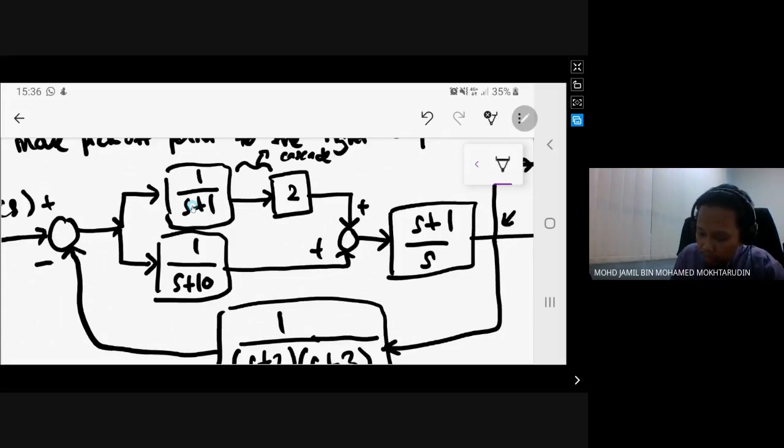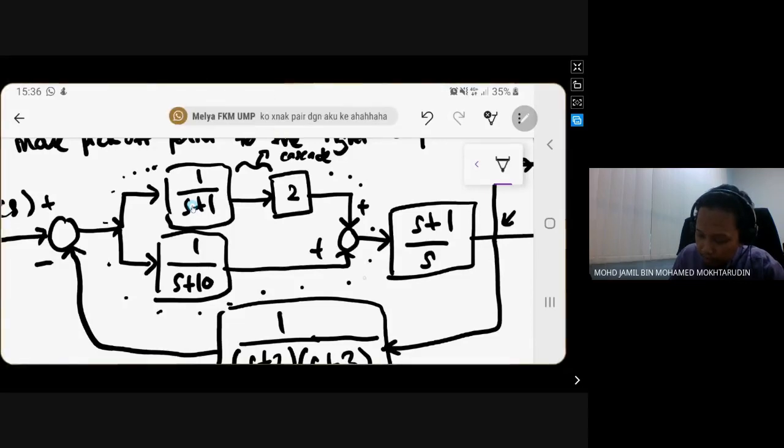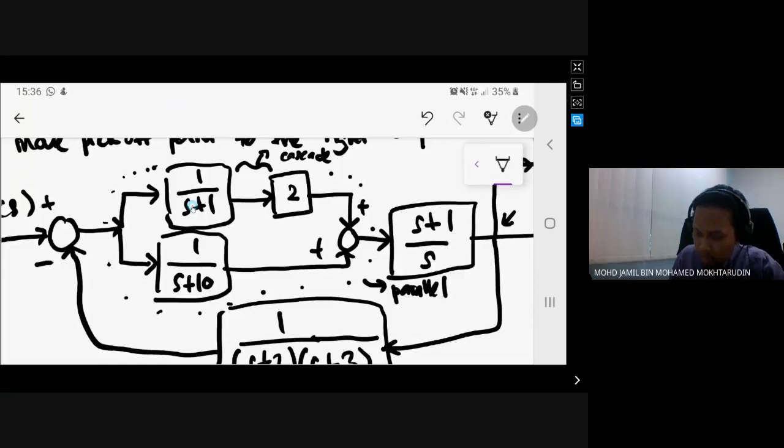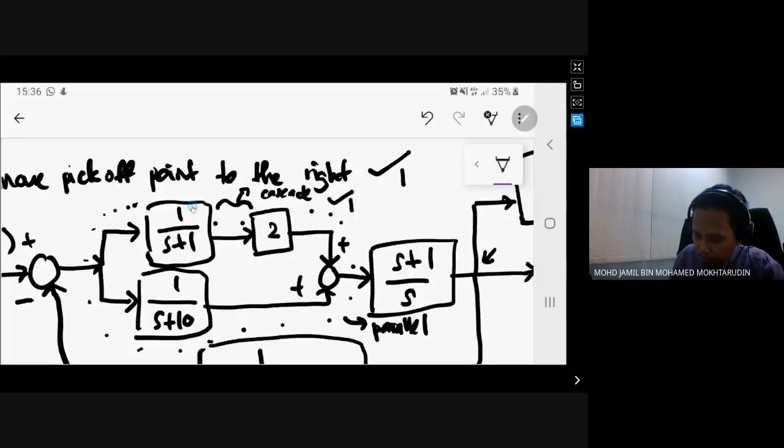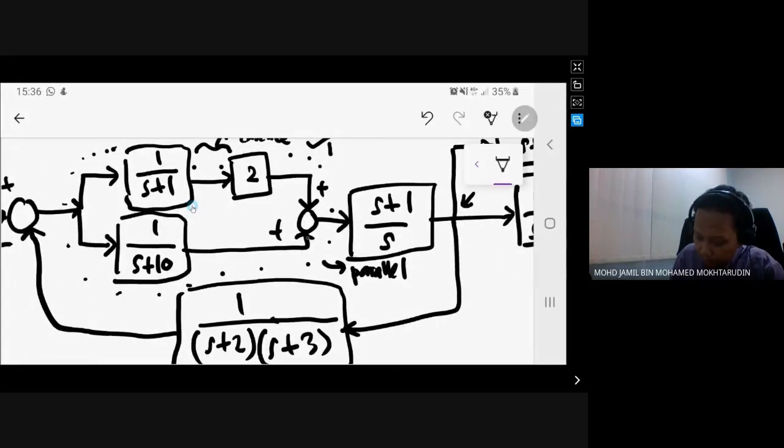And then you say these two here are parallel. So if you have indication that these two blocks are cascade, you get 1 mark. And then if you have indication that these 3 blocks are in parallel, you get 1 mark.